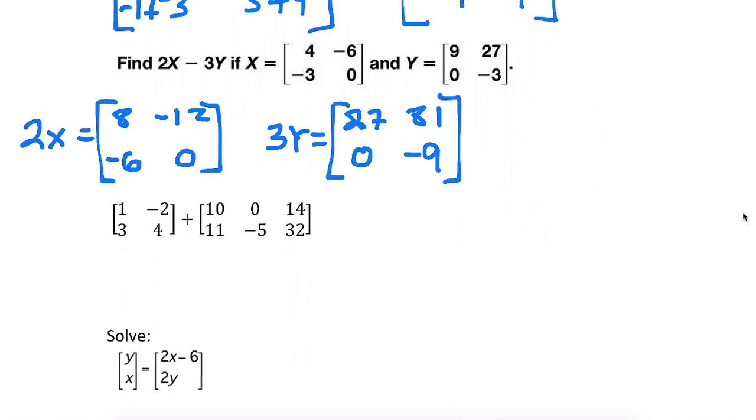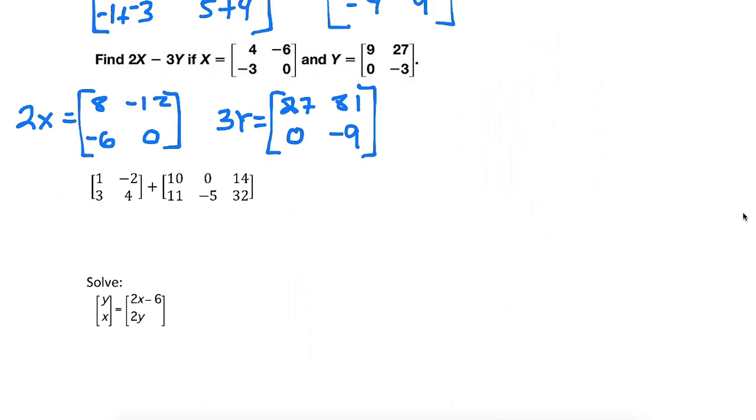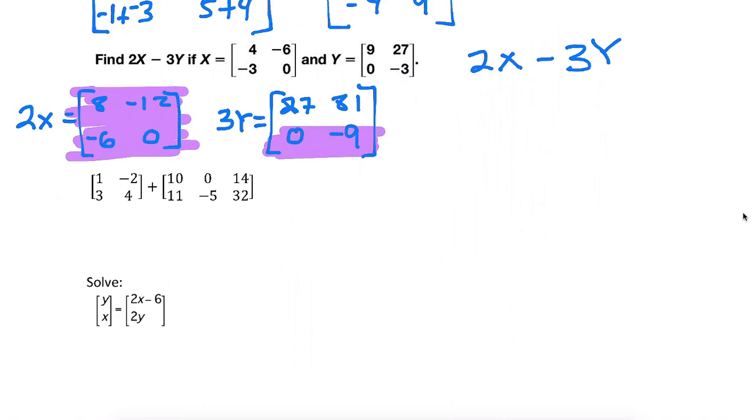Now, if I wanted to then go on, and I wanted to say, okay, well now, what if I did 2x minus 3y? Well, here's my 2x right here. This one right here is 3y. If I want to subtract those, I'd end up with a matrix that looks like this.